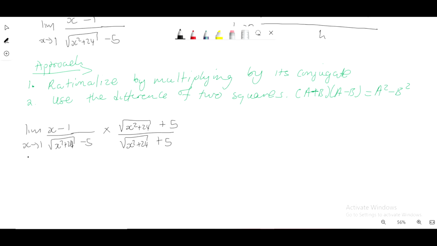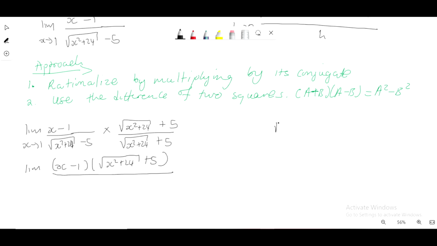If you check this now, at the top I'm going to have the limit of x minus 1 times the square root of x squared plus 24 plus 5, all over the square root of x squared plus 24 multiplied by the square root of x squared plus 24, which is x squared plus 24.